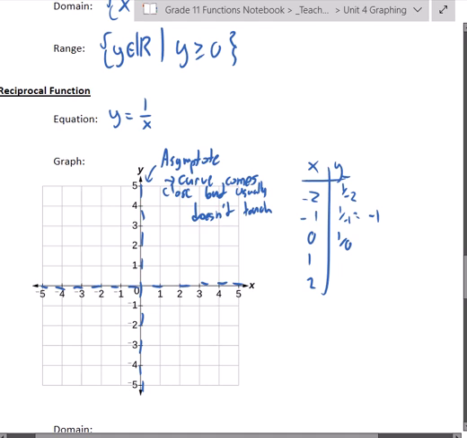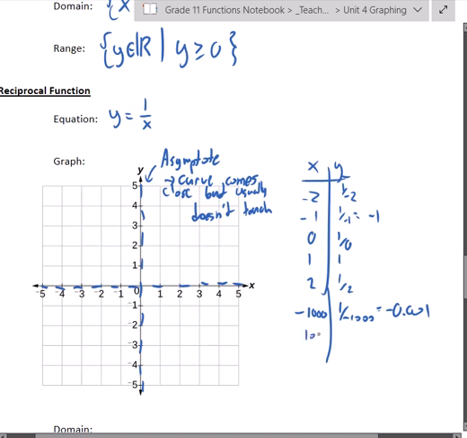So let's get back to our points for a minute, and then we'll sketch this. So here we have 1, and here we have 1/2. Now, just to show you what happens here, let's say we picked negative 1,000. If we plug negative 1,000 in, then we get 1 over negative 1,000, and that gives us negative 0.001.